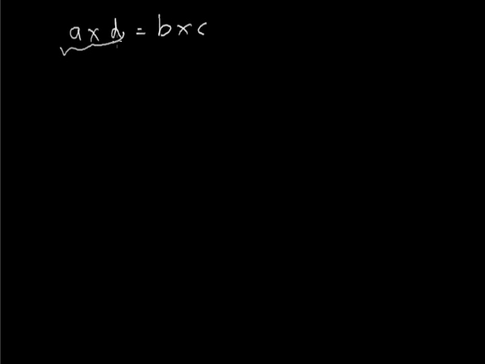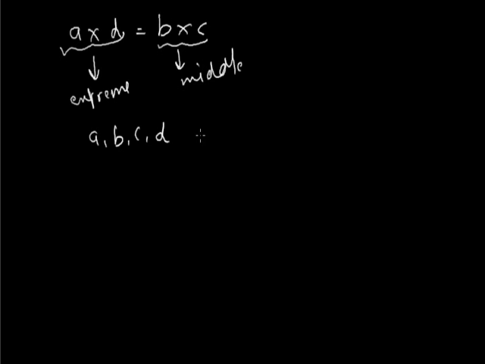Now you can see that these two terms are the extreme terms, while these two terms are the middle terms. So we can conclude the concept that if a, b, c and d are in proportion, then the product of the middle terms, which is b multiplied by c, equals the product of the extreme terms, which is a multiplied by d.